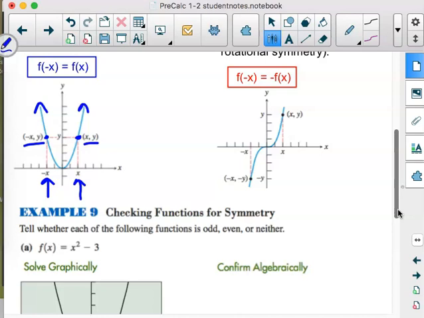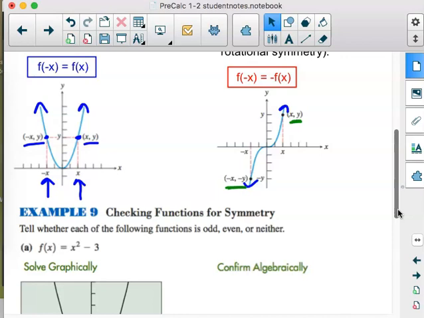When I put x in, do I get exactly the same thing as when I put a negative x in there? But for odd, if I put x in, I get a positive y, and if I put negative x in, I get a negative y. So that's what we're watching for and trying to make this all come together.